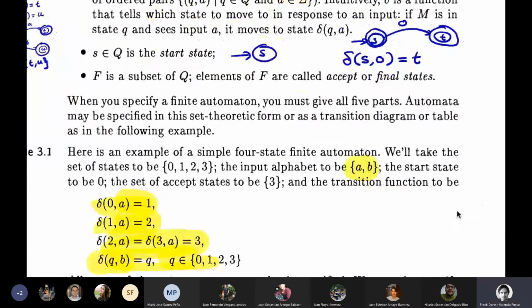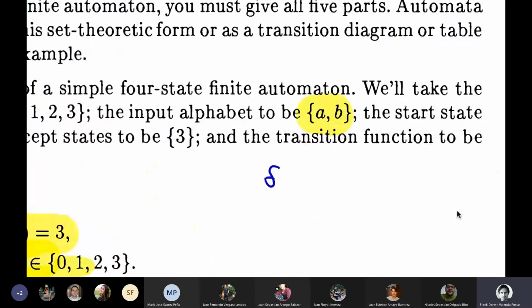What does it mean? Basically, it means that this delta function gets some state, let's say, we call it P, and a symbol of the alphabet, let's say A, and this function will return the next state, so let's say Q. That means that if you are in state P and you read the symbol A, the next state will be Q. So basically, that means that your automaton has this transition: P, A, Q. That's basically what this function does.